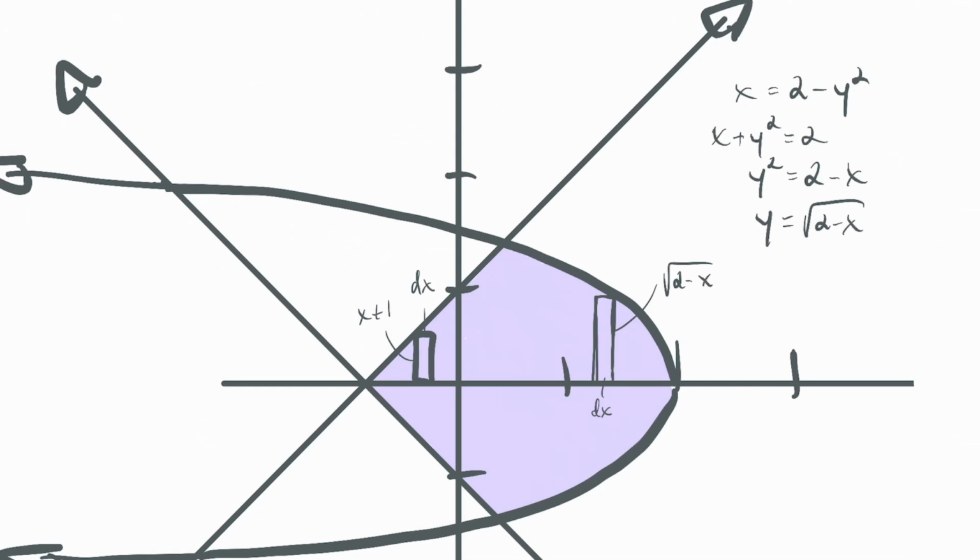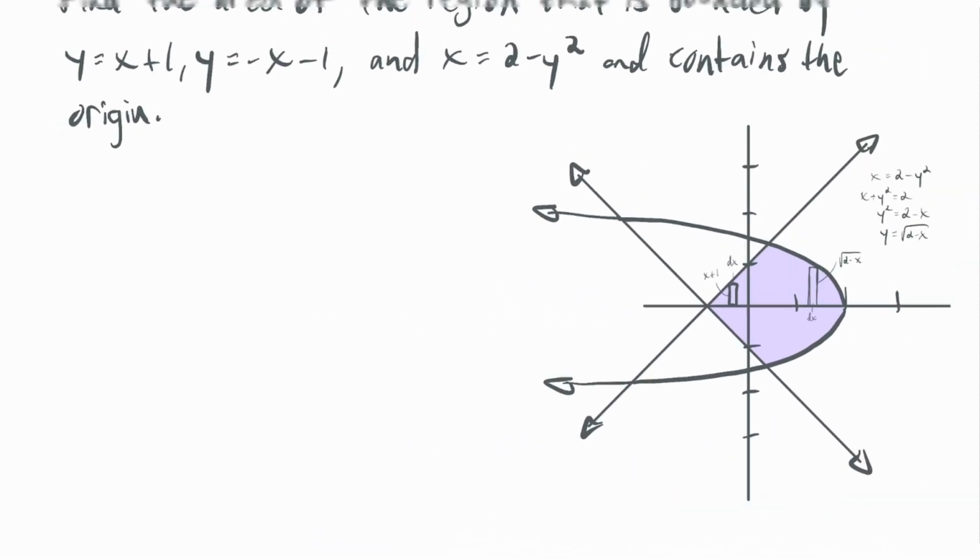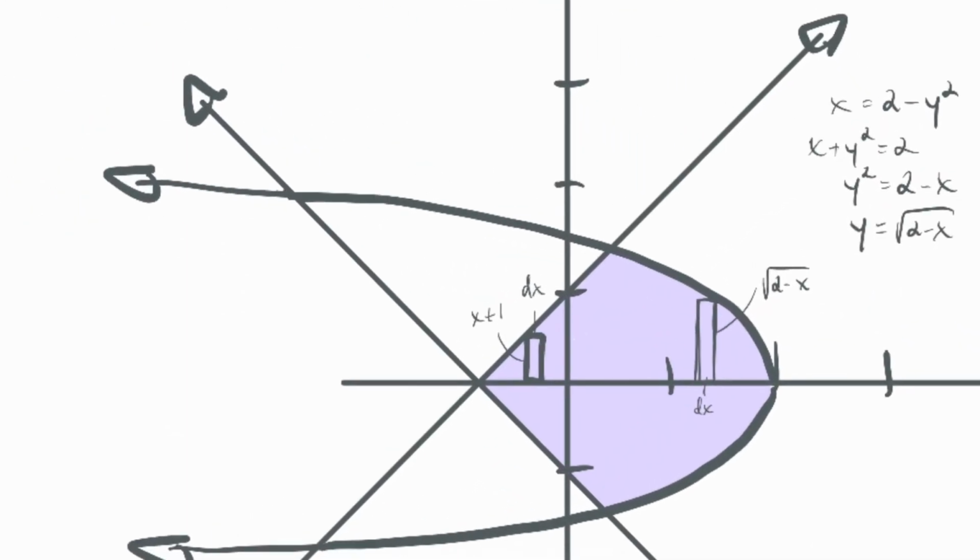So now I'm ready to set up my integrals and get the top half, and then I can double it at the end to get the area. I'm going to say from the beginning, we have 2 times the integral from -1 to 0. Oh yeah, almost forgot.